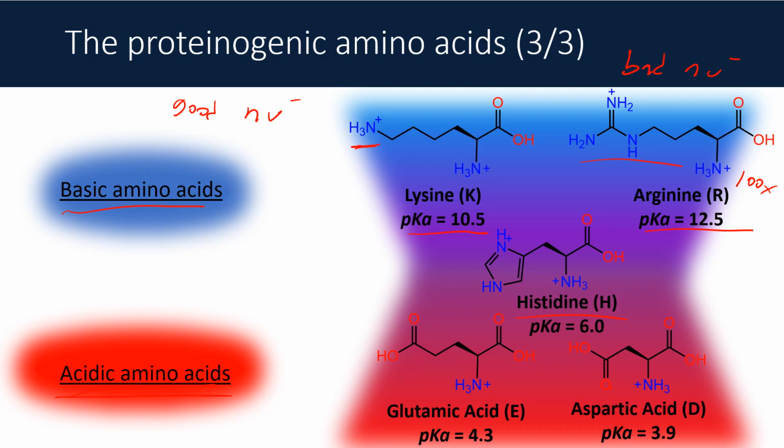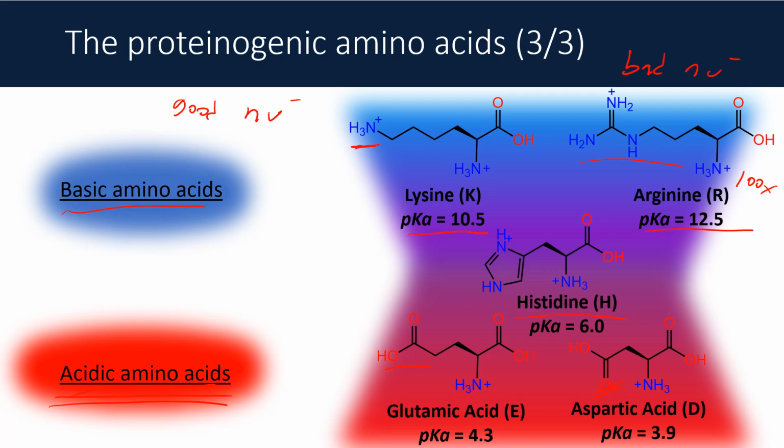Arginine is going to be really good as a non-nucleophilic base, and lysine can function as a base, it can function as a nucleophile, it can be pretty flexible. Now at the bottom, I have glutamic acid and aspartic acid. And I'm going to blow your minds and say that these are the acidic amino acids. Big surprise. They have carboxyl groups in their side chains, as well as carboxyl groups on their C termini.